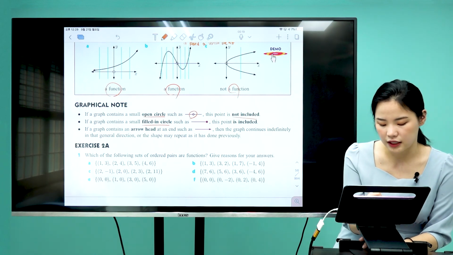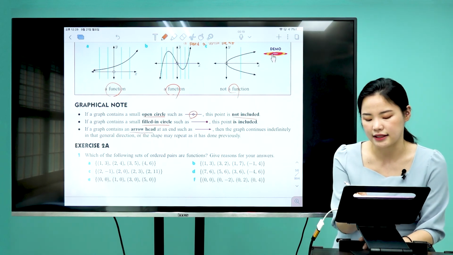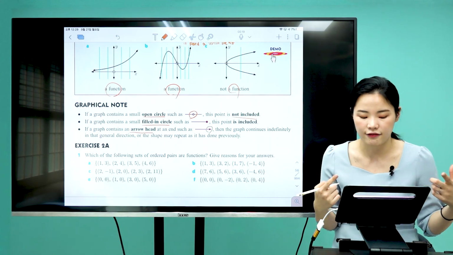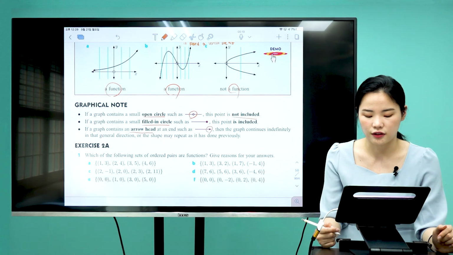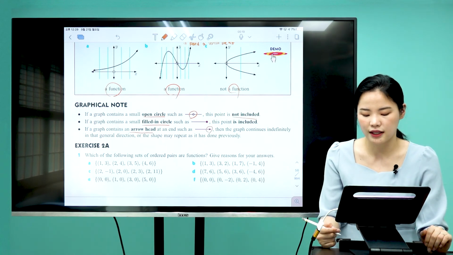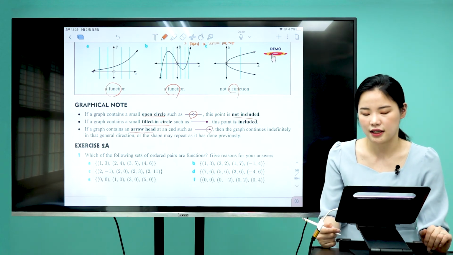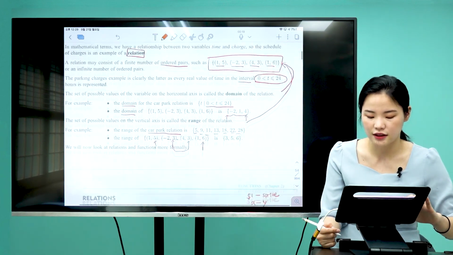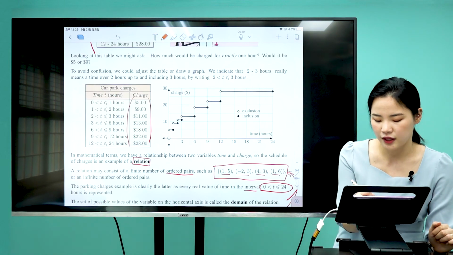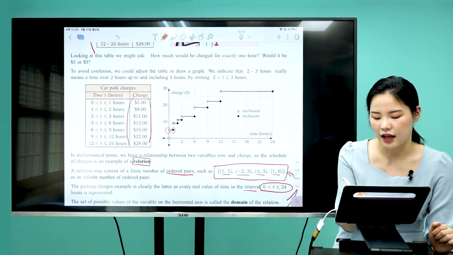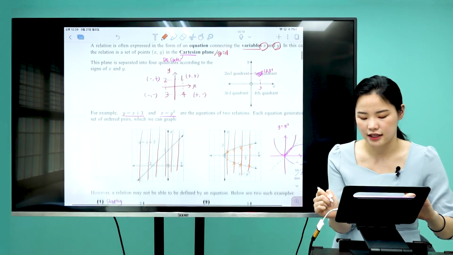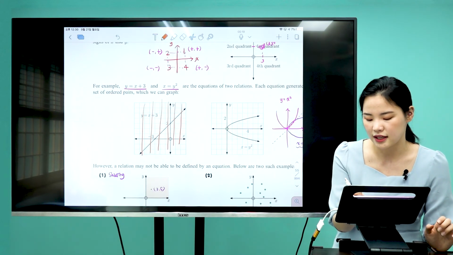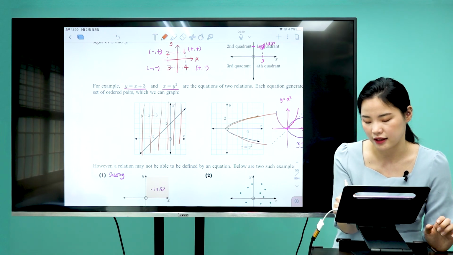If the line contains an arrowhead at the end, such as this, then the graph continues indefinitely in that general direction, or the shape may repeat as it has done previously. So if we refer to the first graph, it would be not including, including, and drawing graphs. And if we refer to our previous example of this graph, this arrow would go indefinitely to the end.